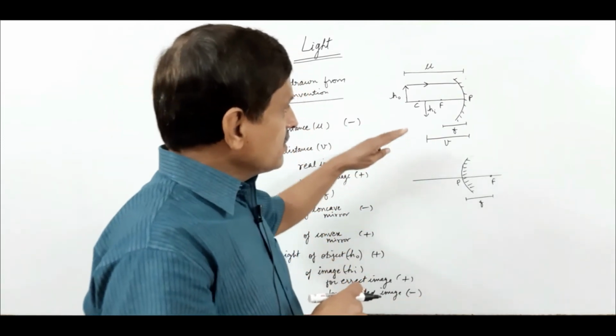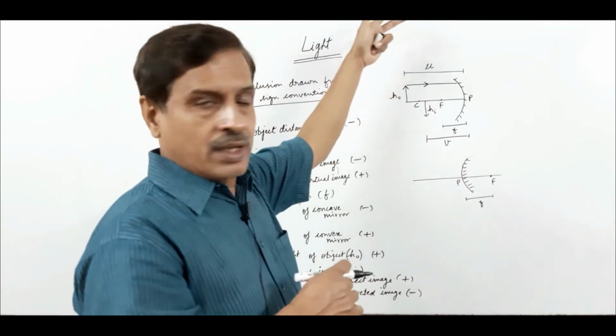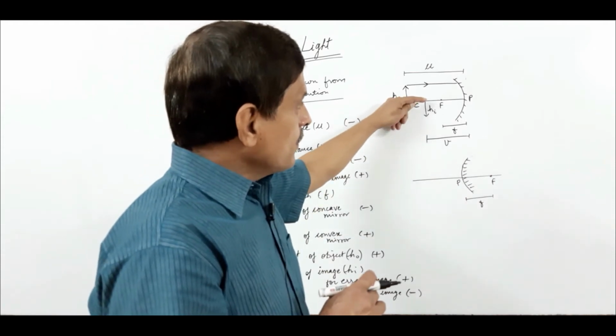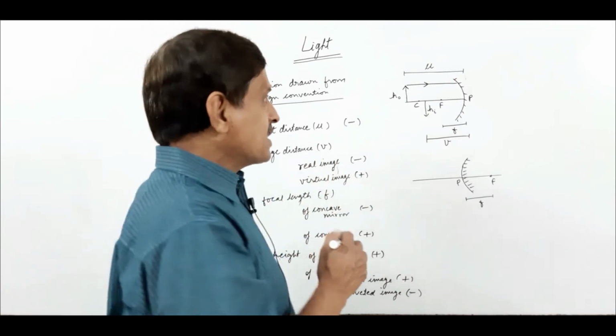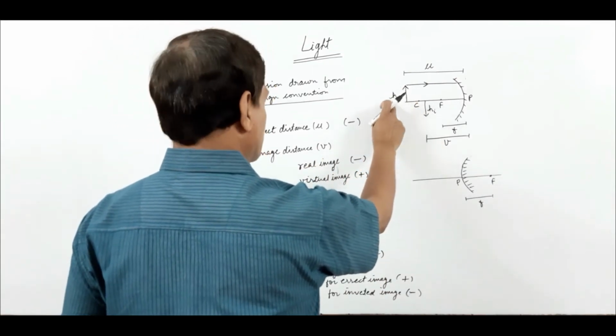An erect image is above the principal axis, perpendicular upward, and an inverted image is below the principal axis, perpendicular to it. So we measure the height of the object above and perpendicular, so it is positive.